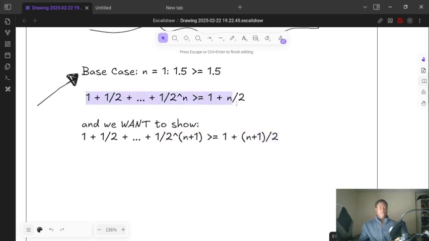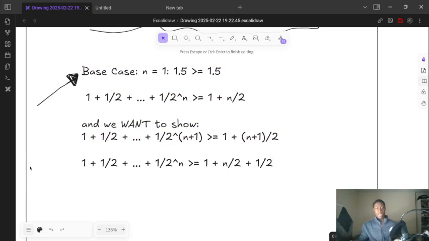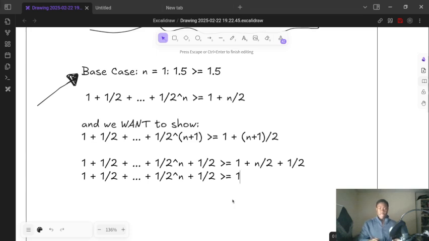So what I'm going to do first is start yet again with what we assume to be true, and then I add 1 over 2 to that, because this here is really just that. To keep the inequality the same, now I need to add 1 over 2 here too. So this part stays the same, all of this stays the same, and on this side now I have what I need: n plus 1 over 2.